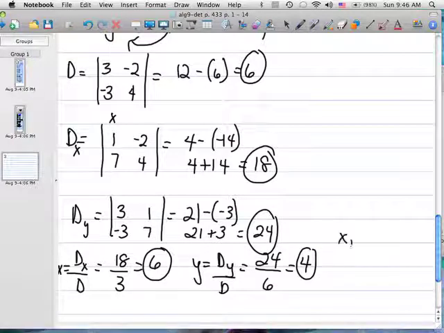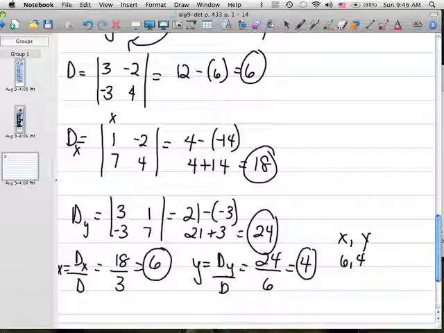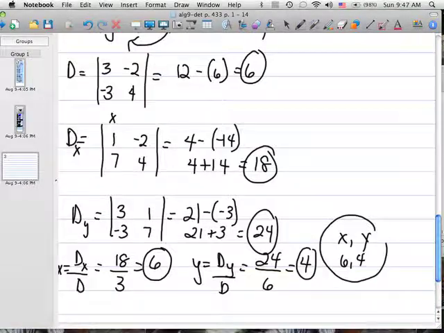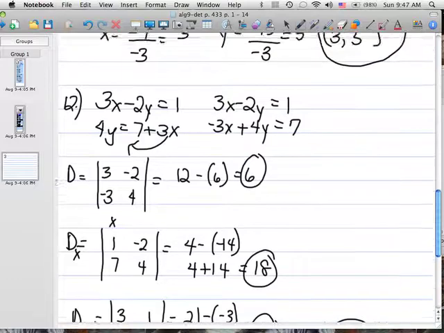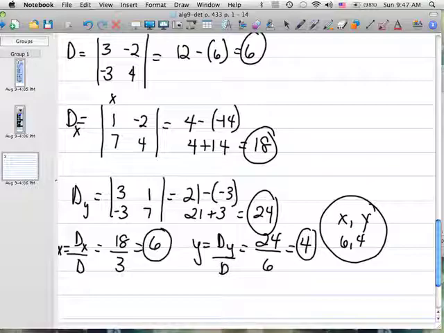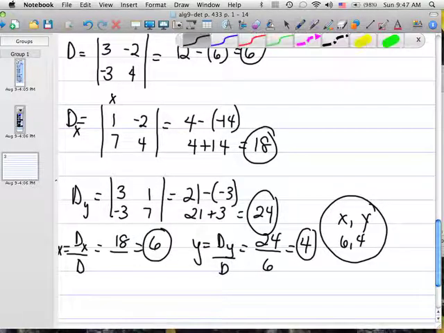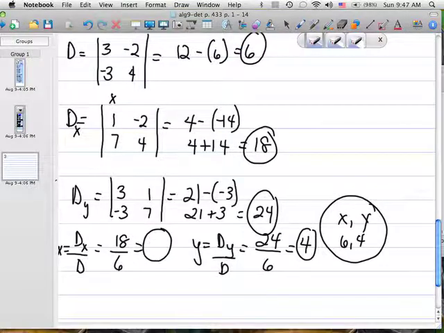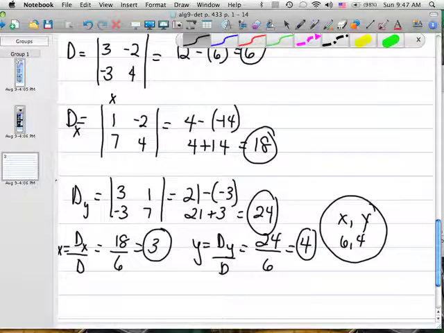And our ordered pair is x, y, so it'd be 6, 4. Okay, I made a mistake. Long morning. 18 divided by 6 is 3. So it should be 3, 4.